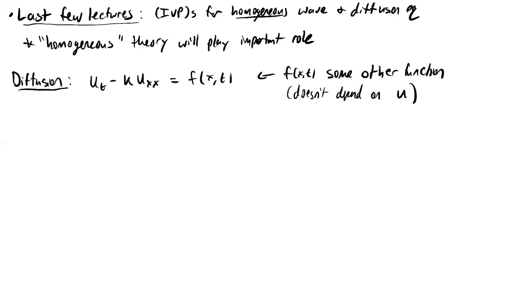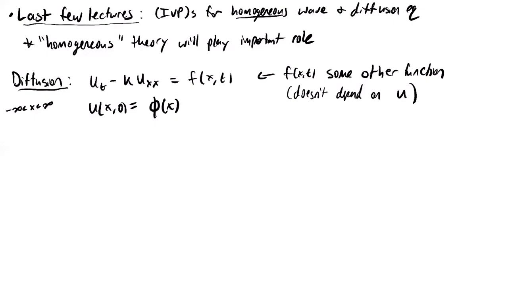And so we're going to consider the initial value problem, which is just the natural generalization of the previous initial value problem. So x is on the real line between minus infinity and infinity. And we're going to look at solutions to this non-homogeneous diffusion equation with initial condition that when t is equal to 0, u is equal to phi of x.